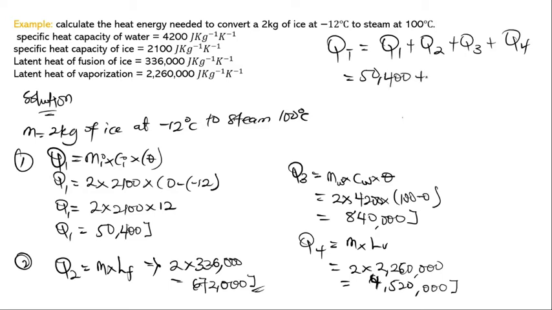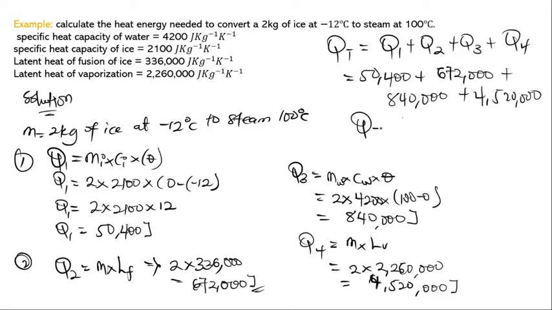So we have the sum of 5,400 plus 672,000 plus 840,000 plus 4,520,000.